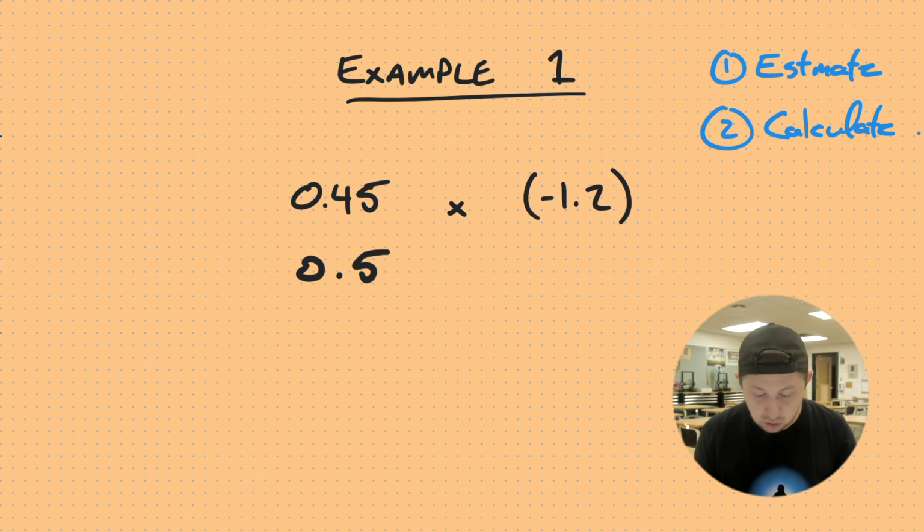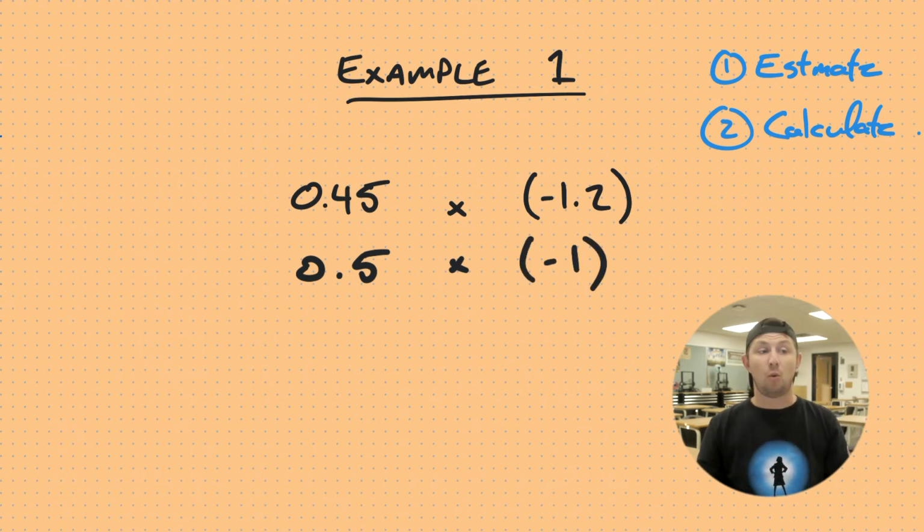If you chose to say 1, that's probably a little too far away. 0 probably doesn't help us here. So I'm going to estimate 0.5, and now, what would you say negative 1.2 is close to? Now, I'm going to say it's close to negative 1.